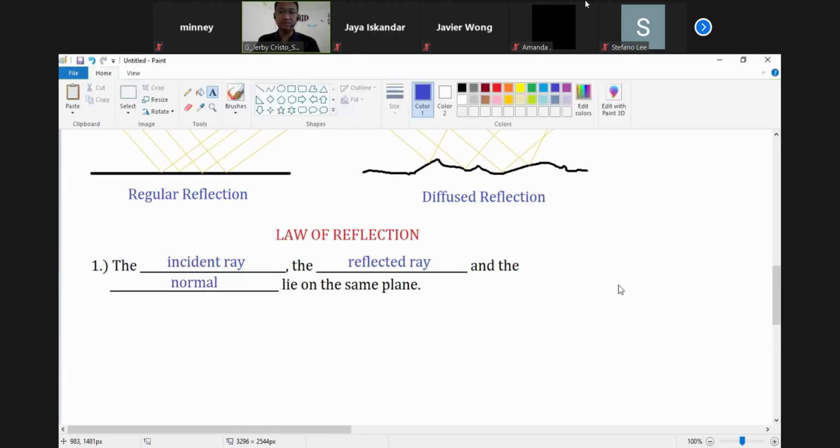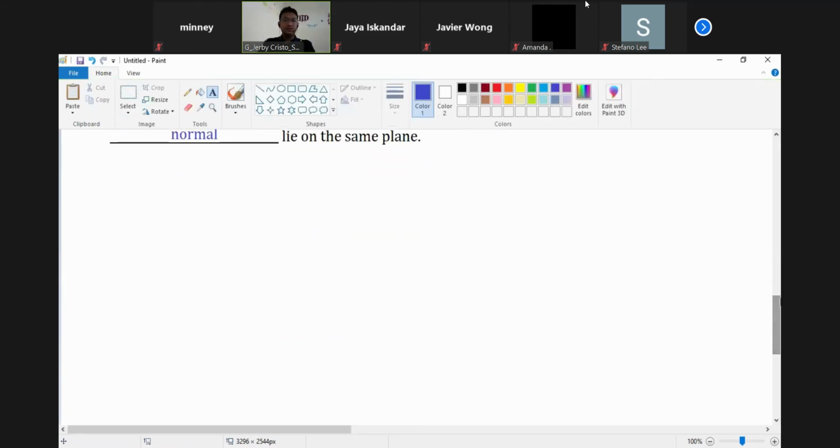What does it mean? So let's say this is a surface, a mirror, and then we have the point source of light.